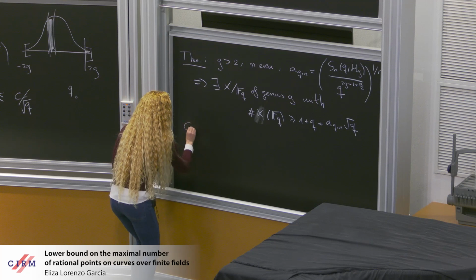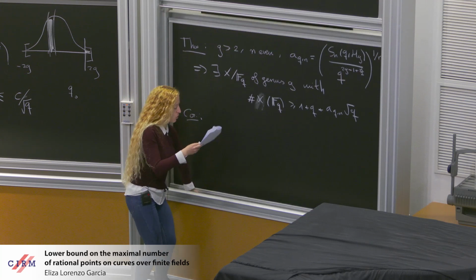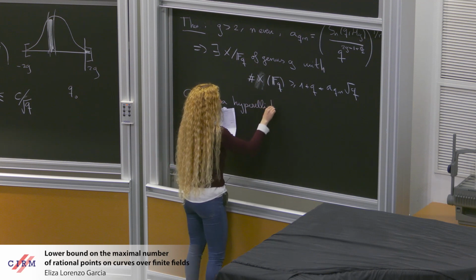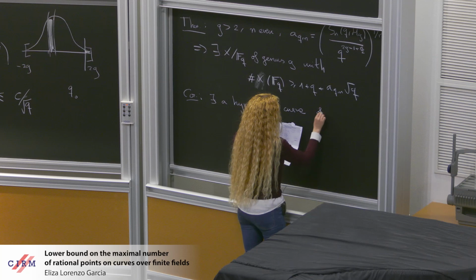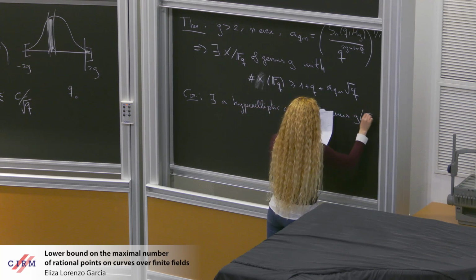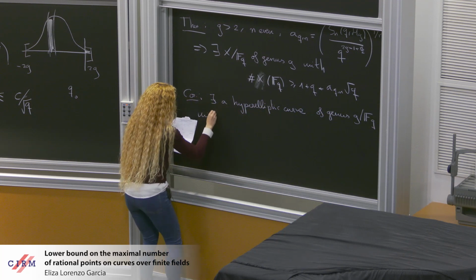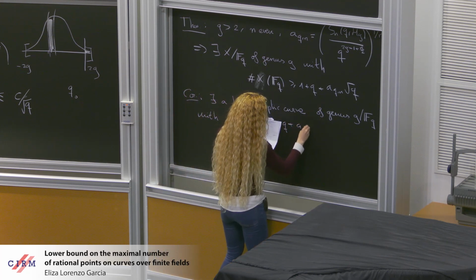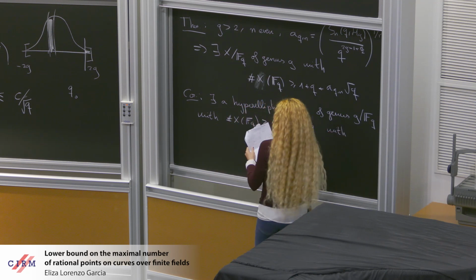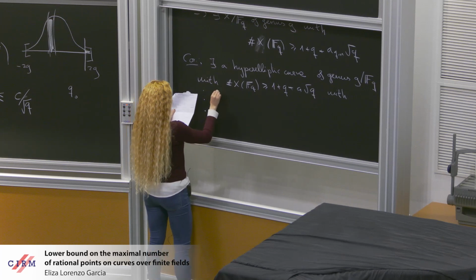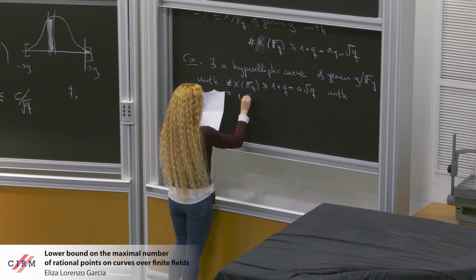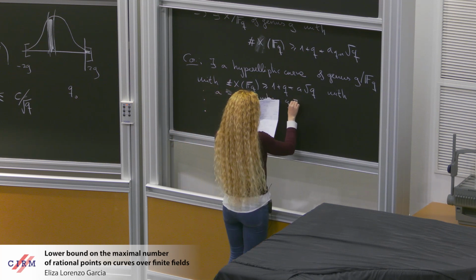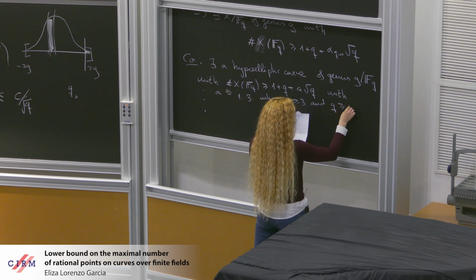And with the computations that we made, there is a corollary: there exists a hyperelliptic curve of genus g over F_q with the number of points greater or equal than 1 plus q plus A square root of q, where, by using those formulas, A is greater or equal than 1.3, when g is greater or equal than 3 and q is greater or equal than 13.